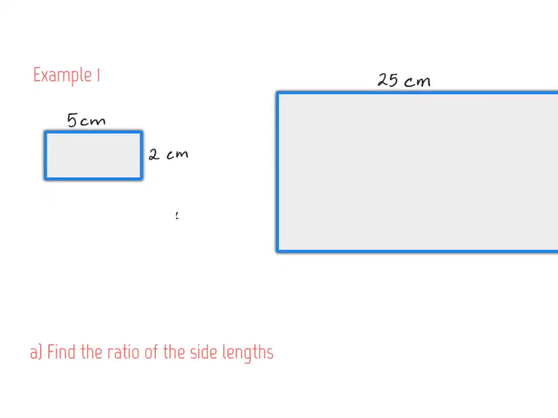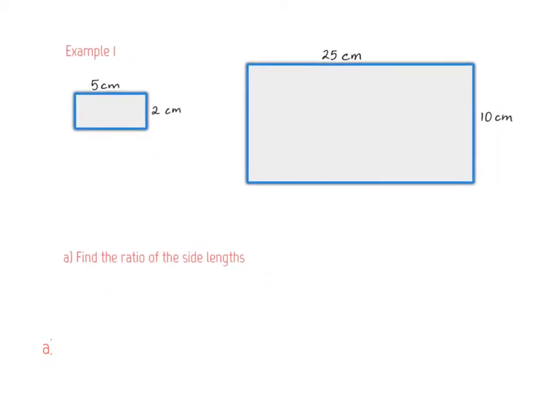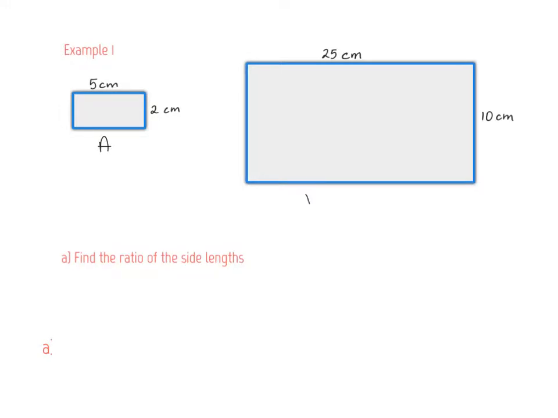Let's have a look at a few examples. All right, so I want to find the ratio of the side lengths. So let's call this A, let's call this B. We're going to go from rectangle B to A. Remember, this is the image and this is the actual. So it's always image over actual, our scale factor.